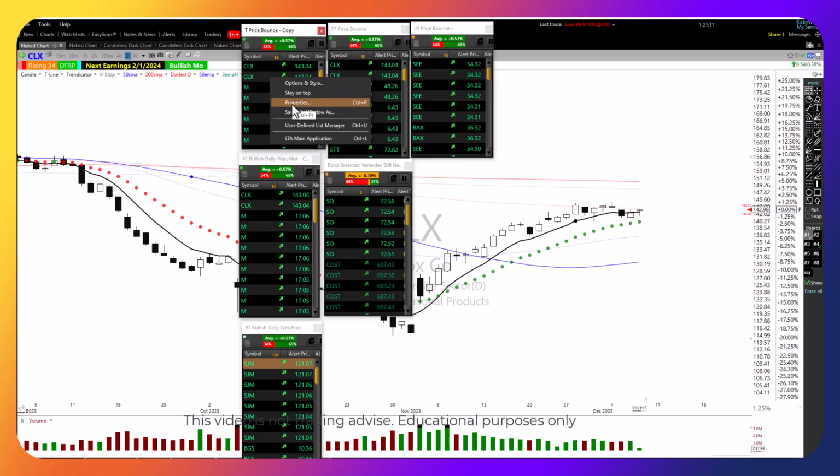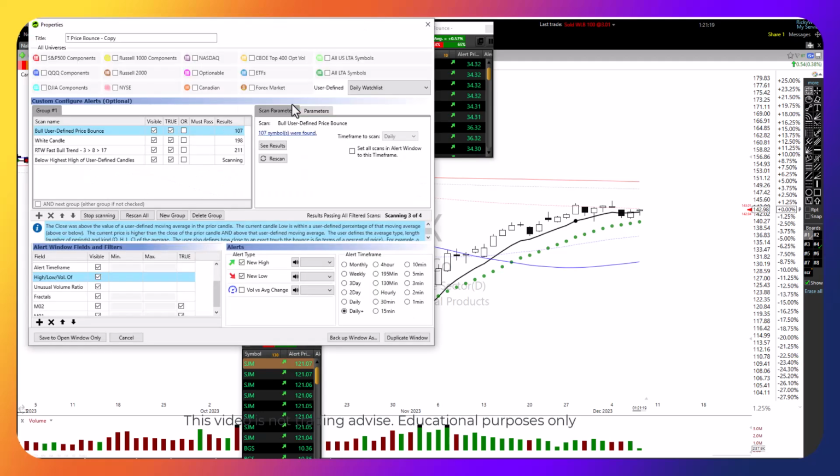When I'm scanning, Rick, and I see what you're saying, and I see your point, and you are right. When I'm scanning, I use the Road to Wealth Fast Bull Trend, and what that does is the same thing you're doing. I just don't have to visually see it. In the scan, it's just already set that I'm looking for charts where the 3 is above the 8 and the 8 is above the 17.